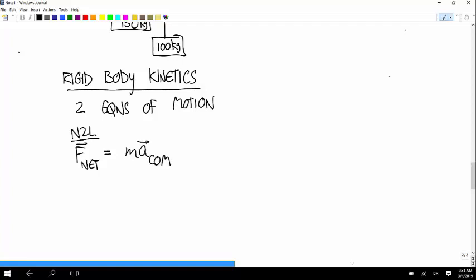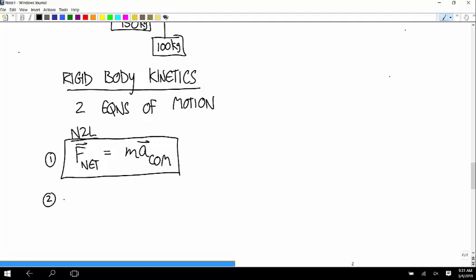And the center of mass thing is going to become more key now. Since we've been doing particle stuff before, everything about the motion has been given as the center of mass, so we haven't had to figure out where that is, but now we're going to have to. So that's the first one.